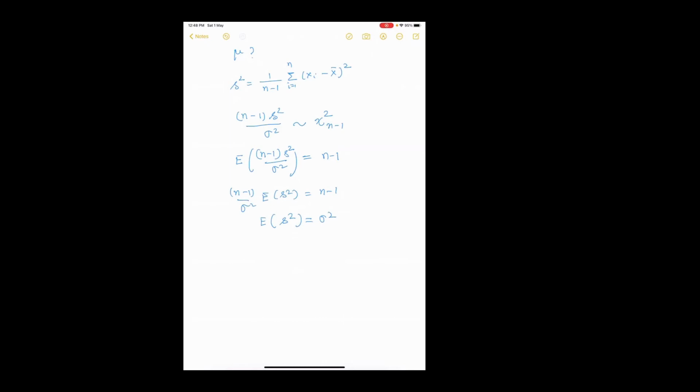What is the variance of S square? Can anybody tell me? See, n minus 1 times S square by sigma square follows chi square n minus 1. If Y follows chi square with some nu degrees of freedom, then expectation of Y is nu and variance of Y is 2 times nu. This is a result we are going to use.